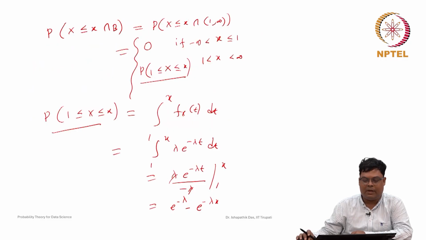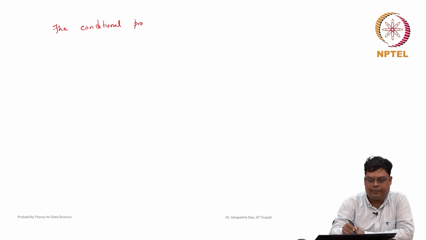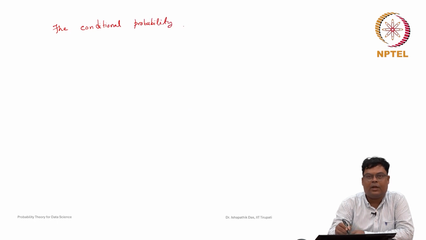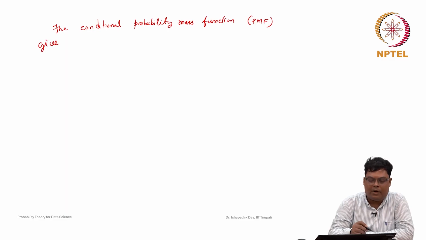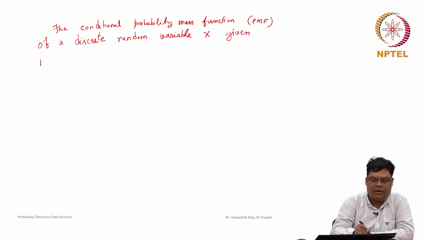The conditional probability mass function of a discrete random variable X given the event B, where B is 1 to n.